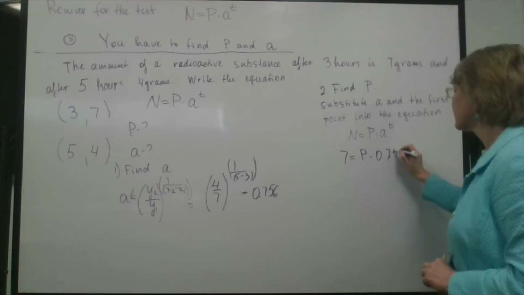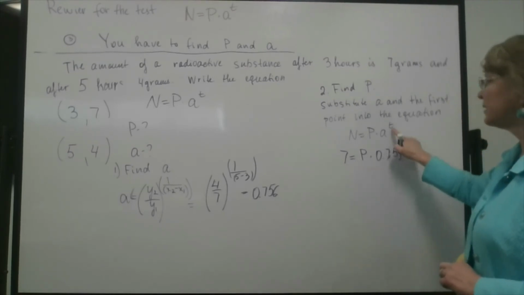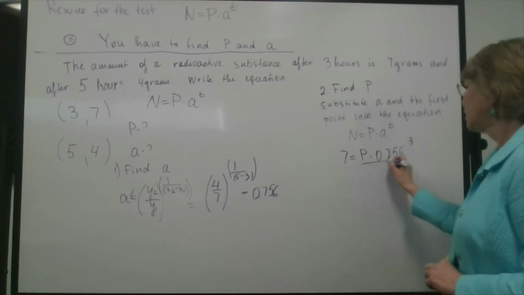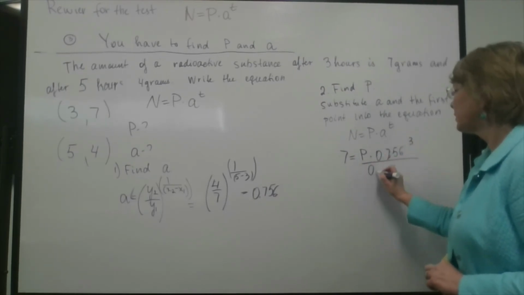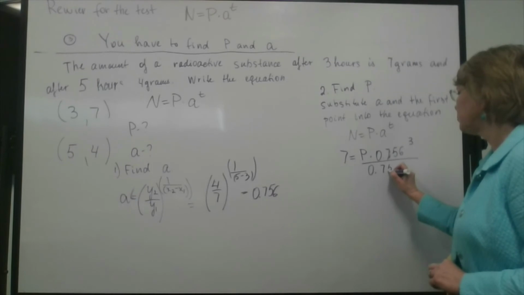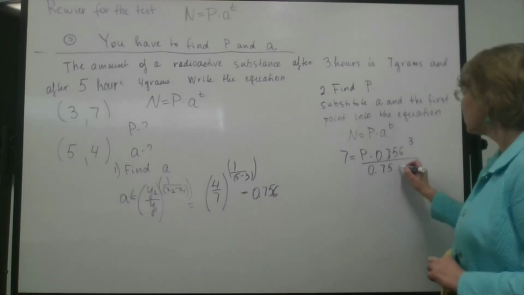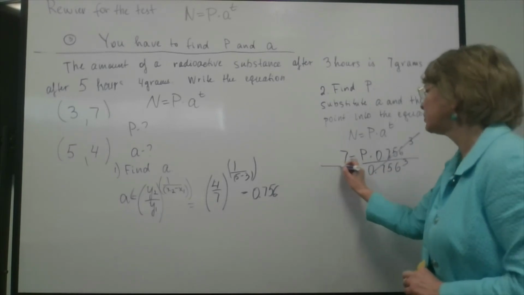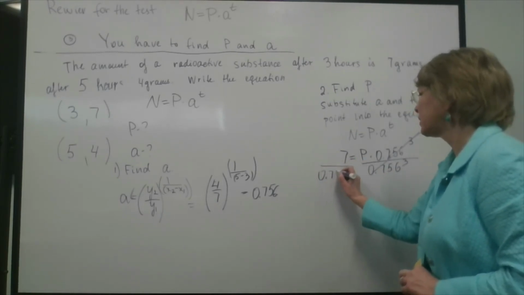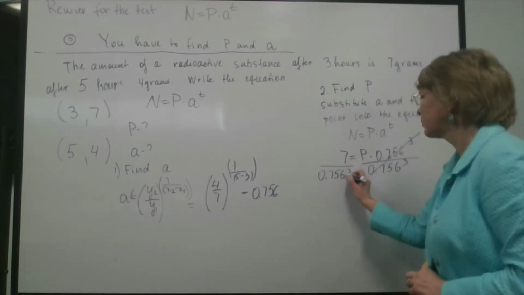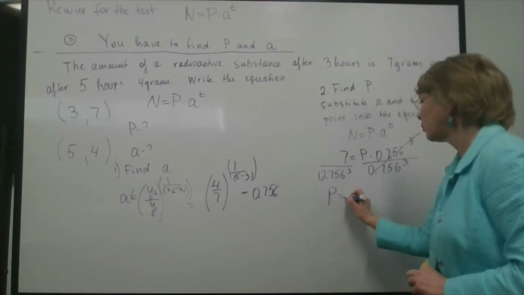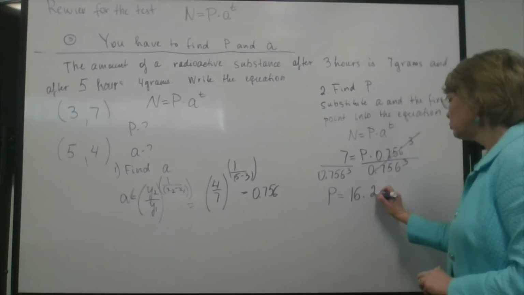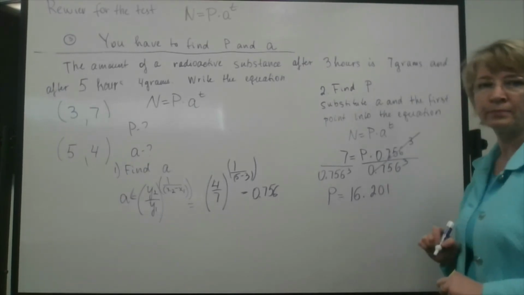0.756. And instead of t, we will substitute 3. So it's multiplication here, so we will divide by 0.756 to the third power. It will cancel out here, and we do the same to the other side. So our P will be 16.201.